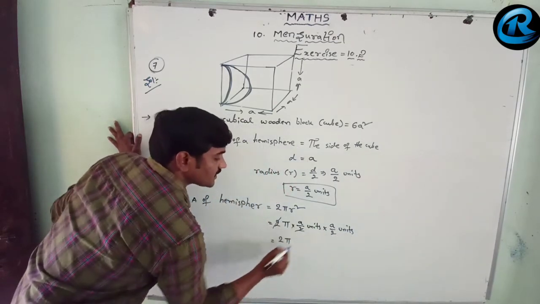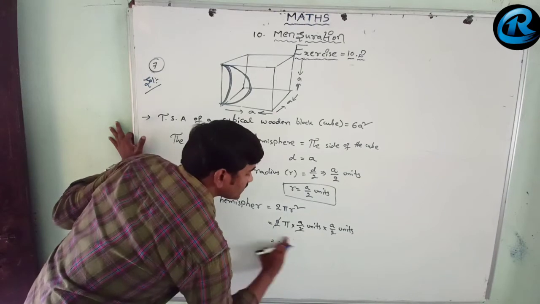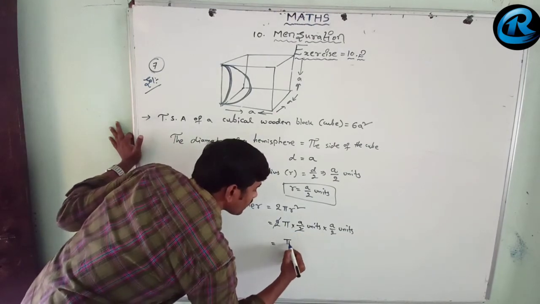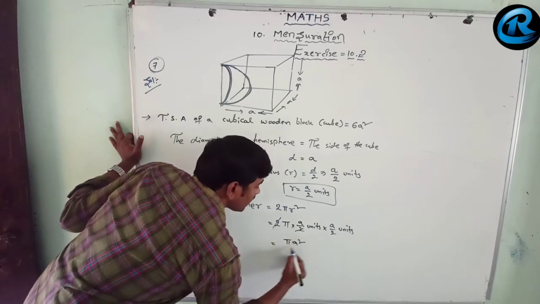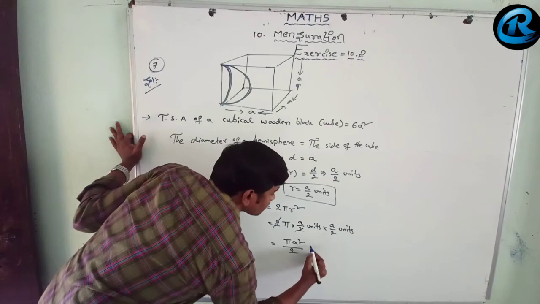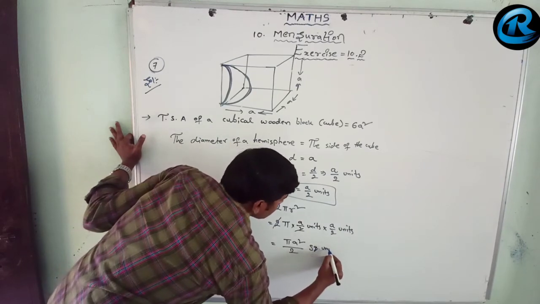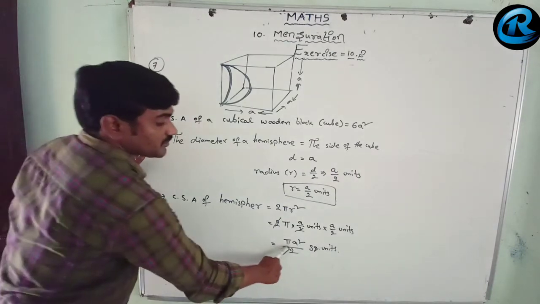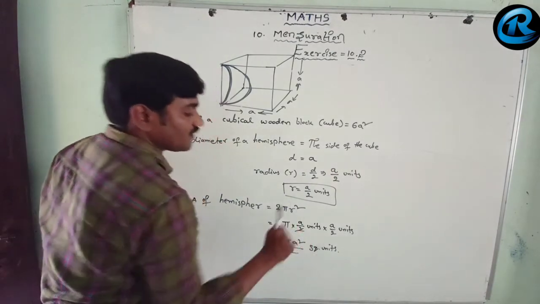Here the 2 gets cancelled. See what happens now, what will be left over? Pi into a square by 2 square units. So the curved surface area of the hemisphere is pi a square by 2 square units.